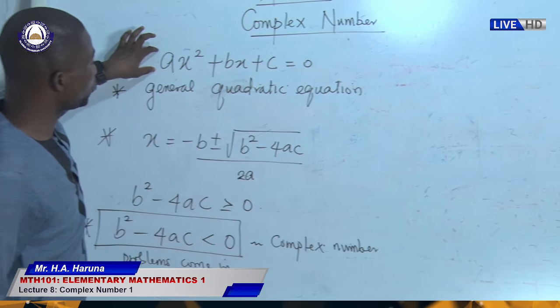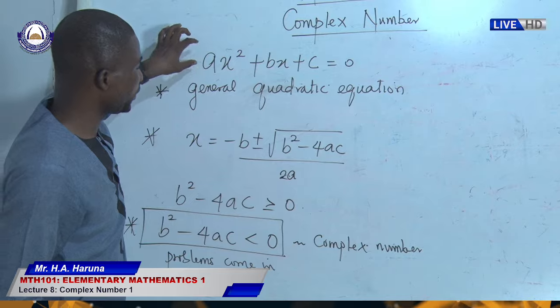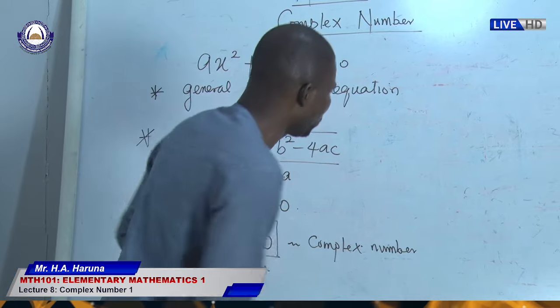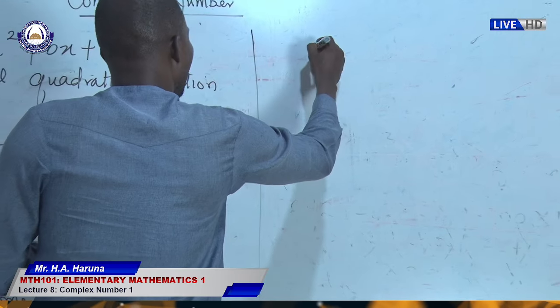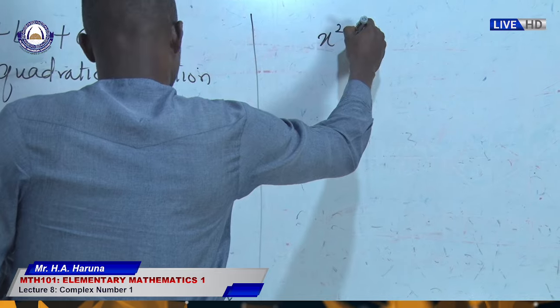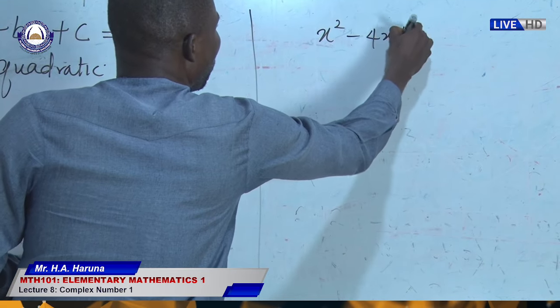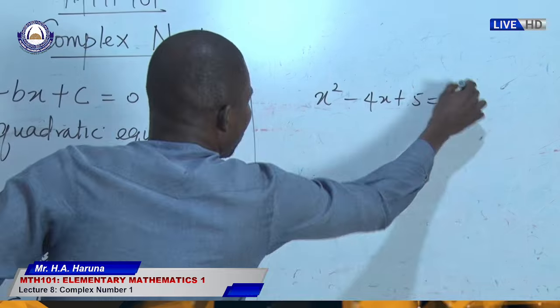So recall from the general quadratic equation that you can have an equation of this form: x squared minus 4x plus 5 equals 0.